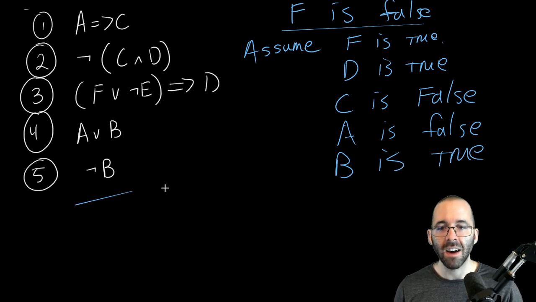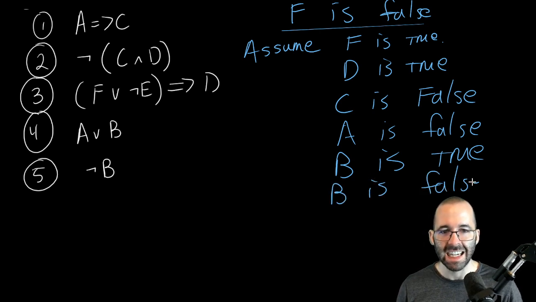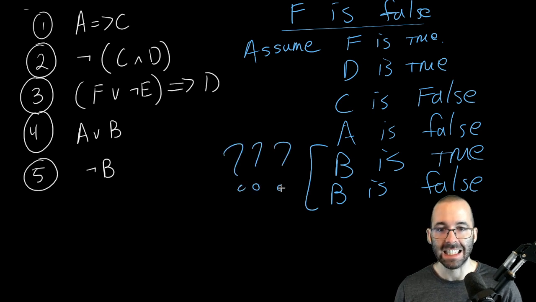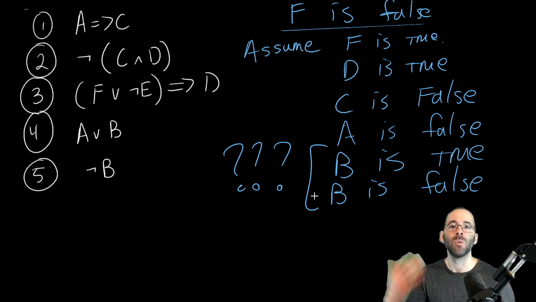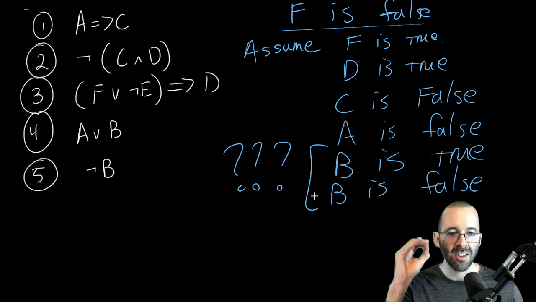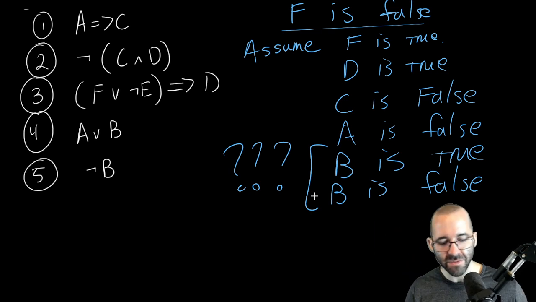And then, uh-oh. Well, we also know that B is false. Uh-oh. What's going on? Well, if every one of our logical links was correct, and they were, anyone else can check them.